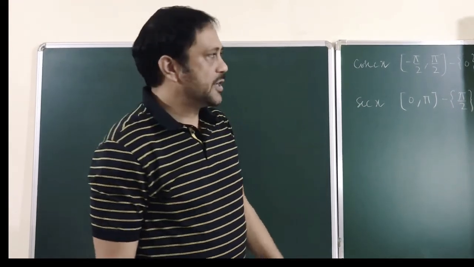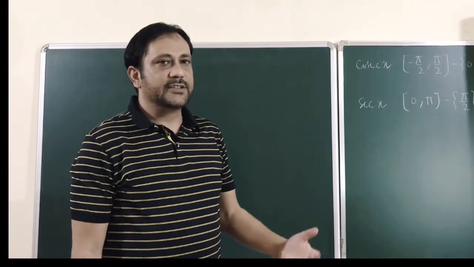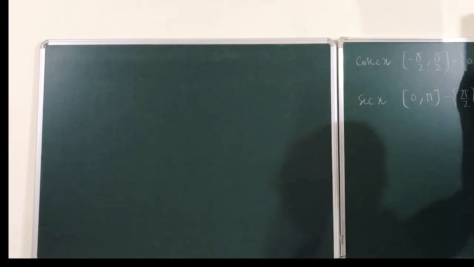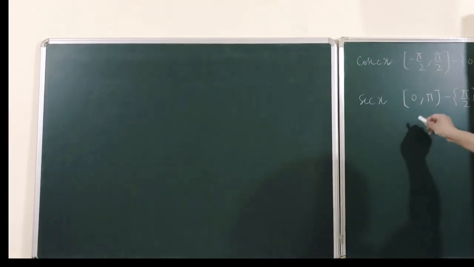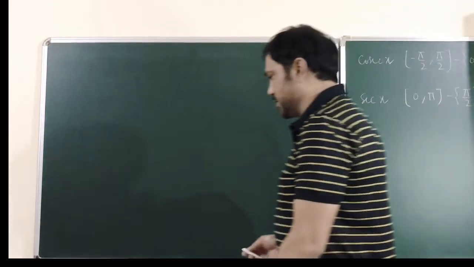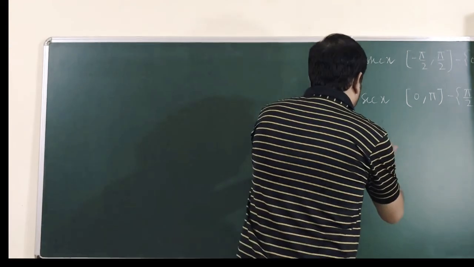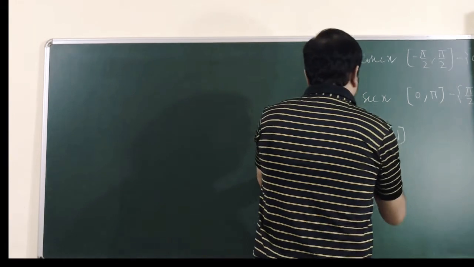Because we know the cosecant x is a reciprocal of sin x, and sin 0 is 0, and that reciprocal will become infinite. That's why we have excluded 0 there. And similarly sec x is 0 to pi except pi by 2, because cos is 0 at pi by 2. And you also know the range of these two you get is minus infinity to minus 1 union 1 to infinity.